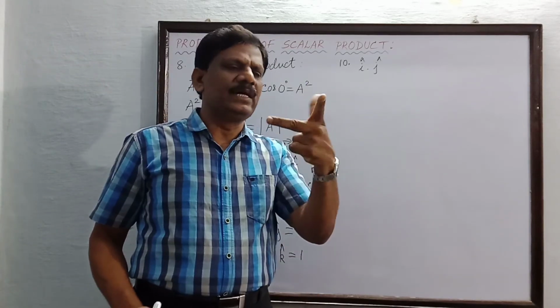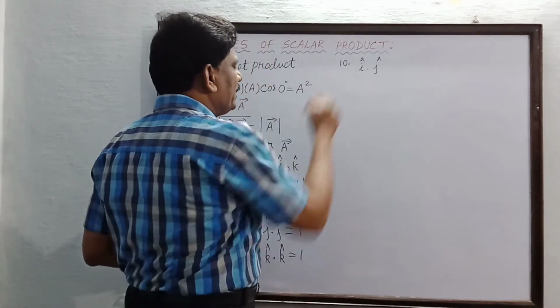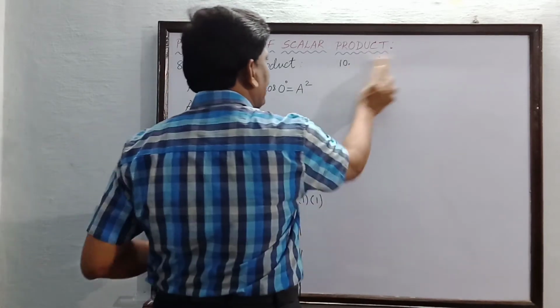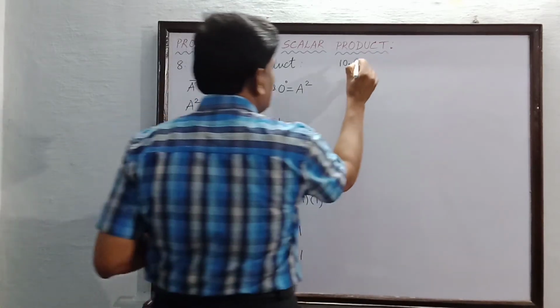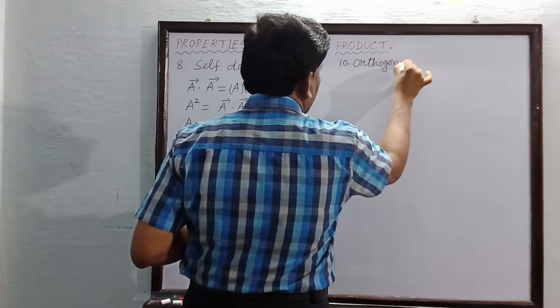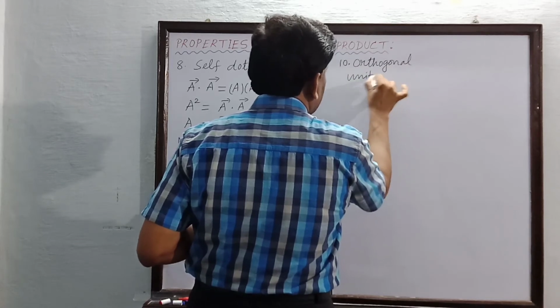So, all three are considered to be orthogonal unit vectors. So, property number 10 is based on the concept of orthogonal unit vectors.